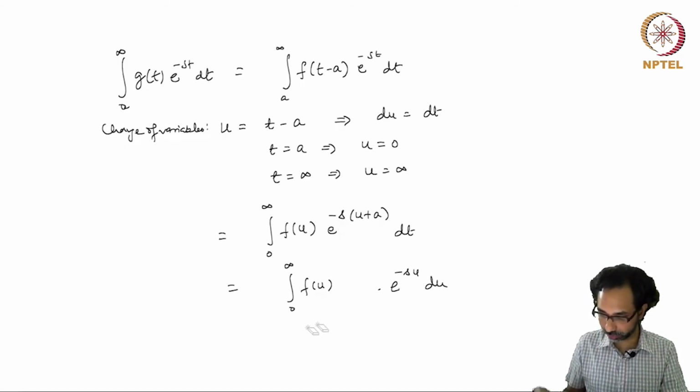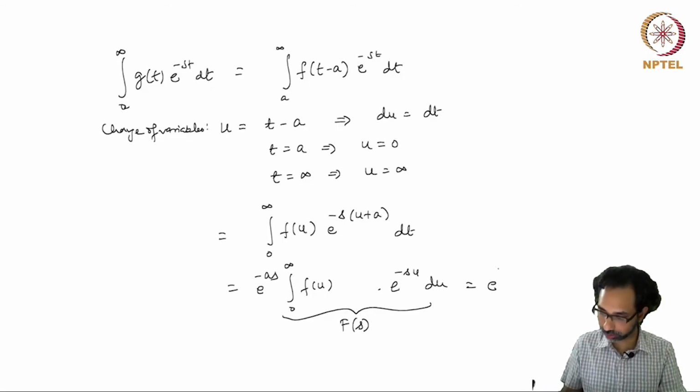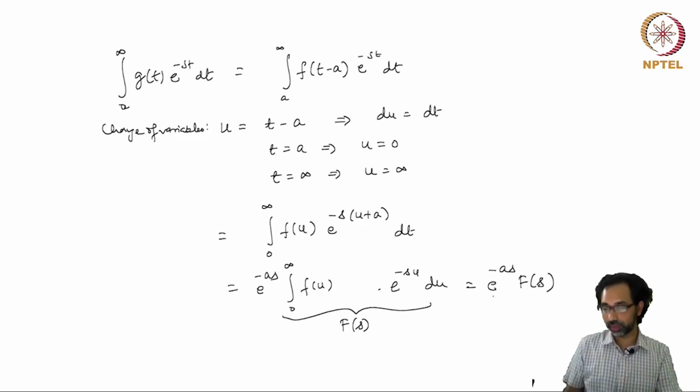So I can just delete it from here and write it outside the integral, and what we are left with inside the integral is simply the Laplace transform of f. Therefore, in the end we get as the answer that the Laplace transform of g(t) is simply exponential of minus as times F(s).